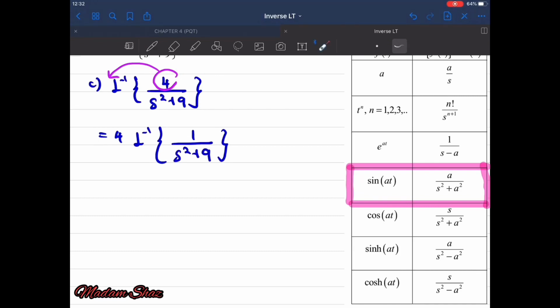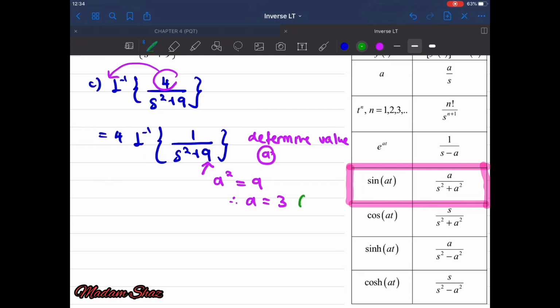Now from here you have to determine the value of a. So 9 is a squared, a squared is equal to 9, therefore a is equal to 3. We only take the positive value.